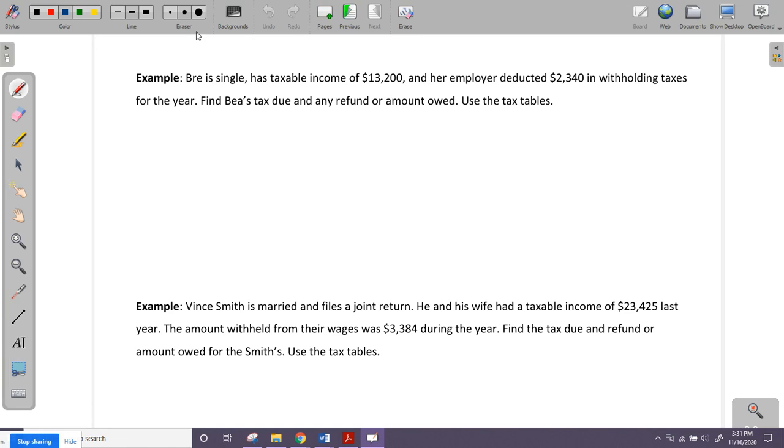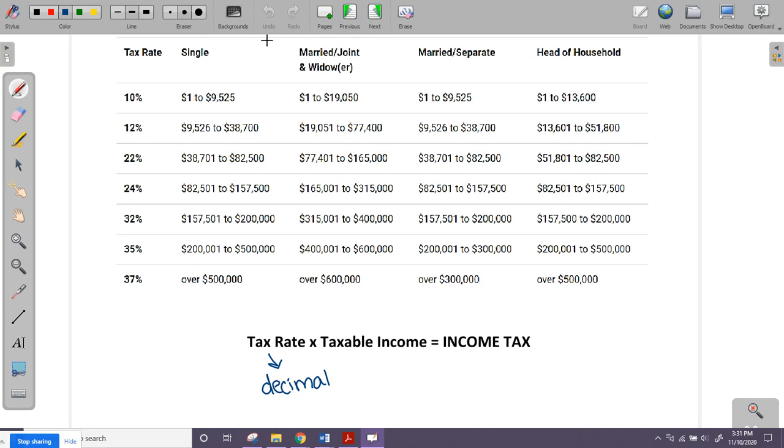The first thing we have to do is figure out what she's filing as. She's single and has a taxable income of $13,200. So let's go back to our chart. That's in between this interval, so she has a 12% tax rate.